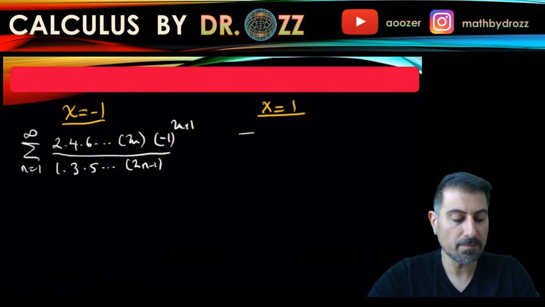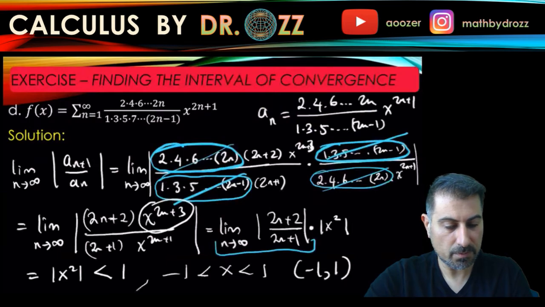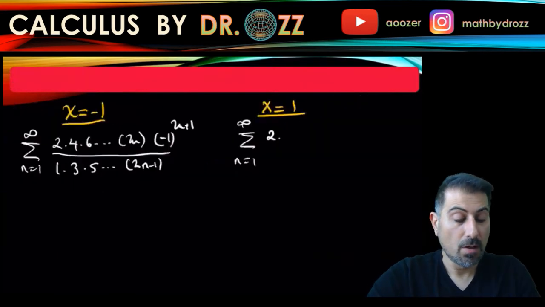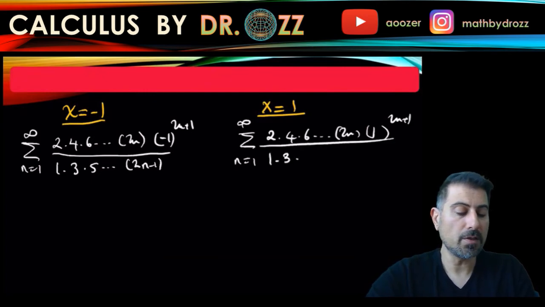Okay, and for this one, 2, 4, right? Is this correct? Let me just double check. Minus 1, yeah. Okay. 2, 4, 6 all the way to 2n. 1 to the power of 2n plus 1, which is going to be 1, by the way. 1, 3, 5, dot, dot, dot, 2n minus 1.